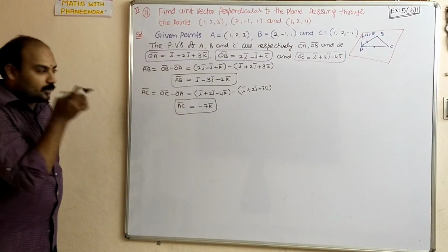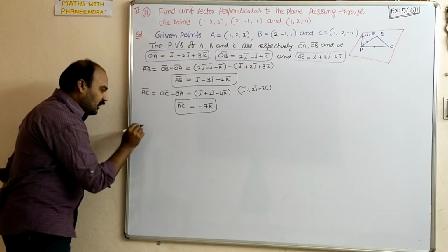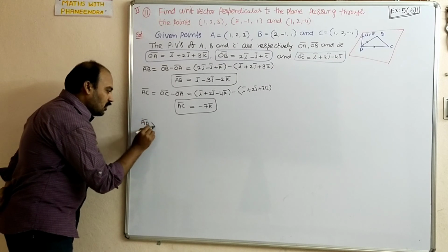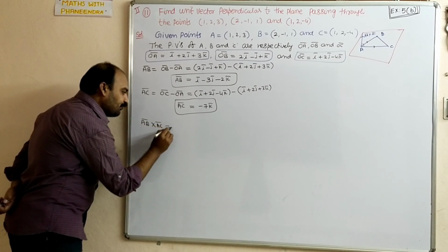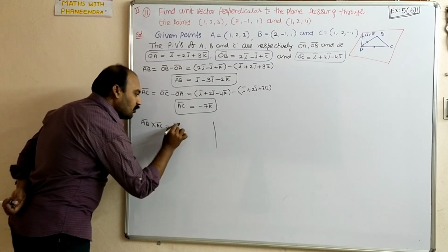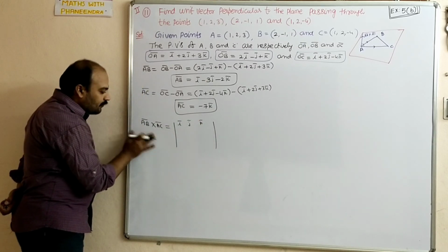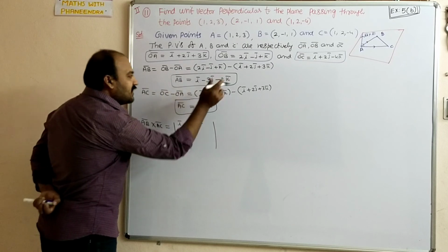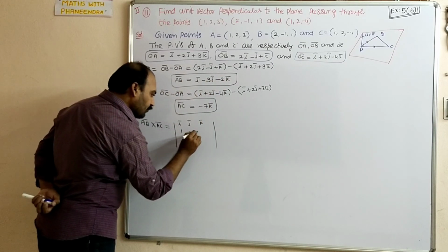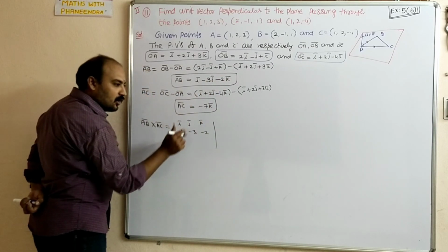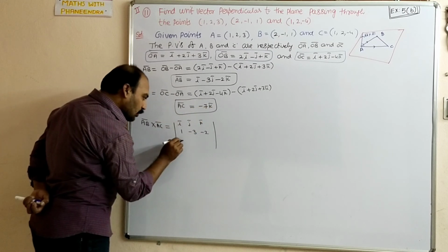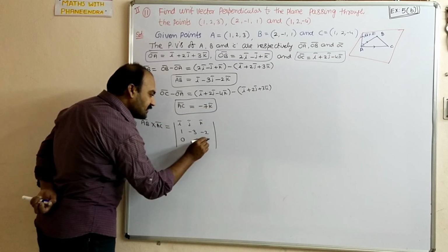Now we are going to calculate the cross product of these two vectors. AB bar cross AC bar equals the determinant of i bar, j bar, k bar. In the AB vector, the components are 1, minus 3, minus 2. And in AC bar, only the k bar component is there, so 0, 0, minus 7.